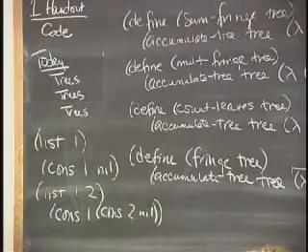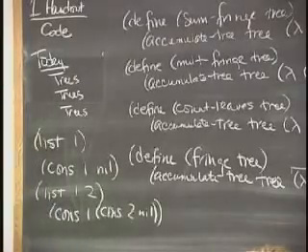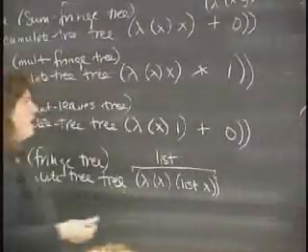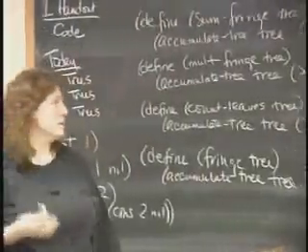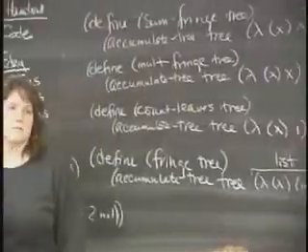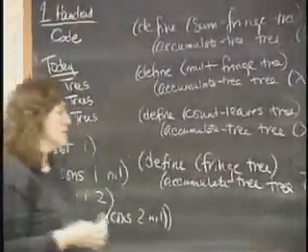So list can take any number of arguments. So we can use list as our combiner without having to wrap a lambda around it, just like we could do the same thing with plus or times. We don't have to have it take a specific number of arguments. The procedure itself can do that.